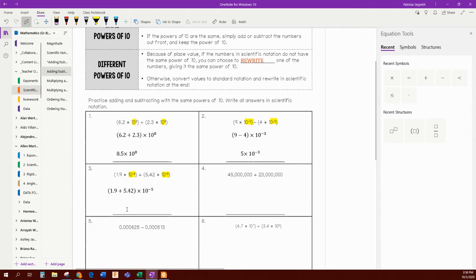And if we add these up, we would get 7 and 32 hundredths times 10 to the negative 5.